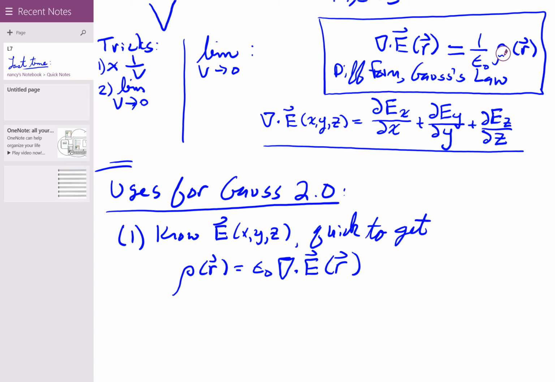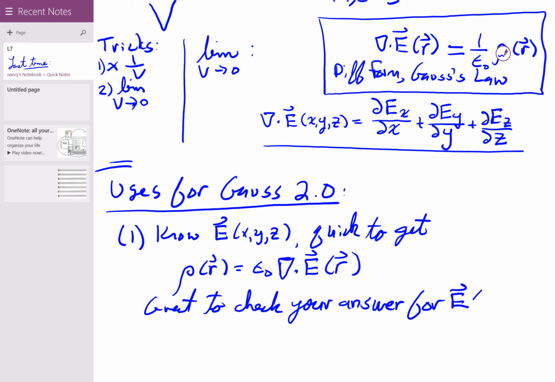Another thing it's great for is to check your answer for E. Say you've done some big problem, and you finally computed the electric field, E of r. How do you know you didn't mess up? Well, just like in calculus class, the way you check that you didn't mess up some integral is to take the derivative.